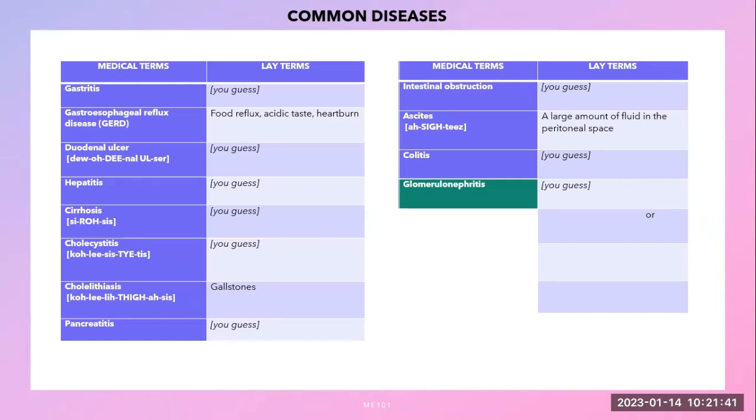Glomerulonephritis. Glomerulo, that means trong cái thận của mình nó có những cái cầu thận nhé. Những cái cầu thận nhỏ nhỏ thì nó gọi là glomerulonephritis. That means you got some inflammation of the glomeruli. Okay. I don't have any pictures here, but you can look it up. That's why I talked to you about that, right?